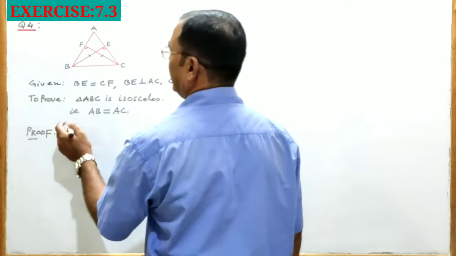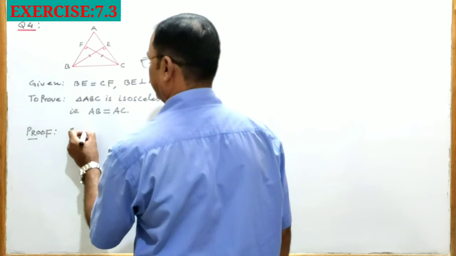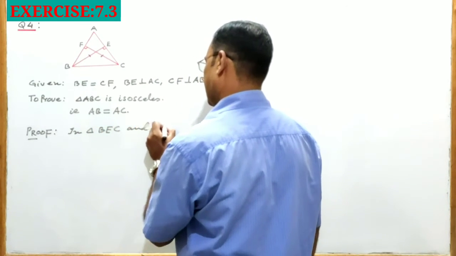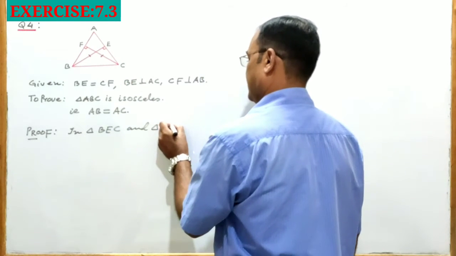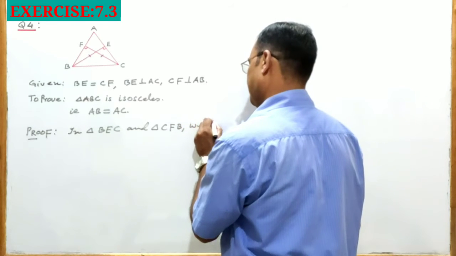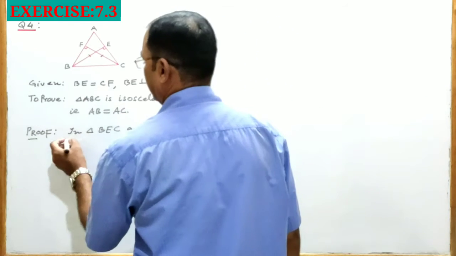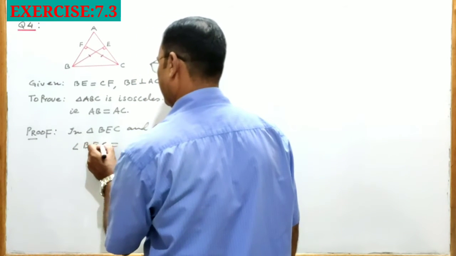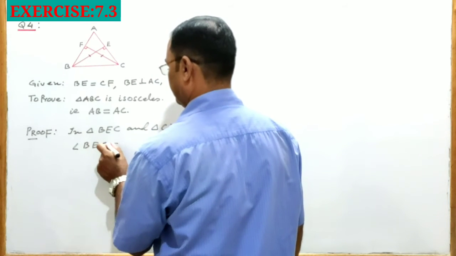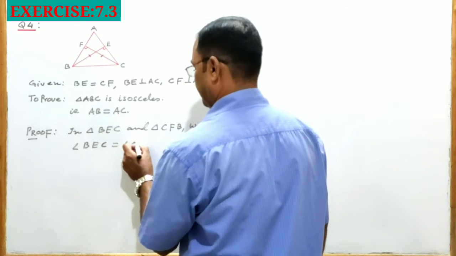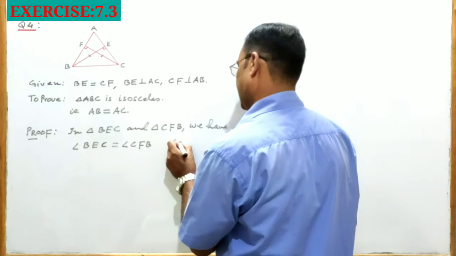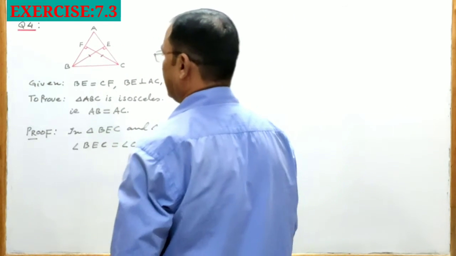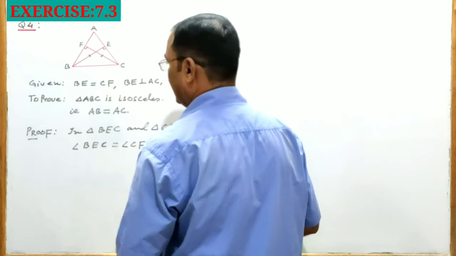In triangle BEC and triangle CFB, we have angle BEC is equal to angle CFB, 90 degree each, because BE is perpendicular to AC and CF is perpendicular to AB.